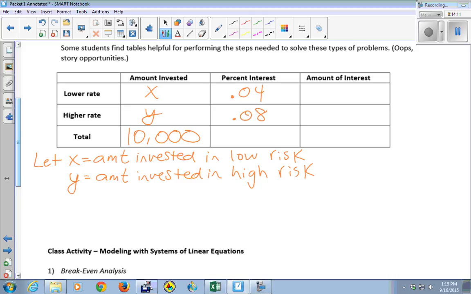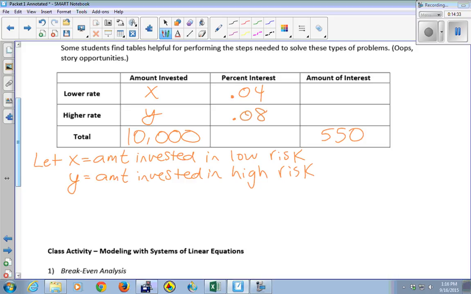It wasn't given. And then let's look at how much interest we want to earn. How much interest do we want to earn in total? $550. All right, so I'm going to earn some of it in my low risk fund and some of it from my high risk fund. I'm going to combine the two to make $550.